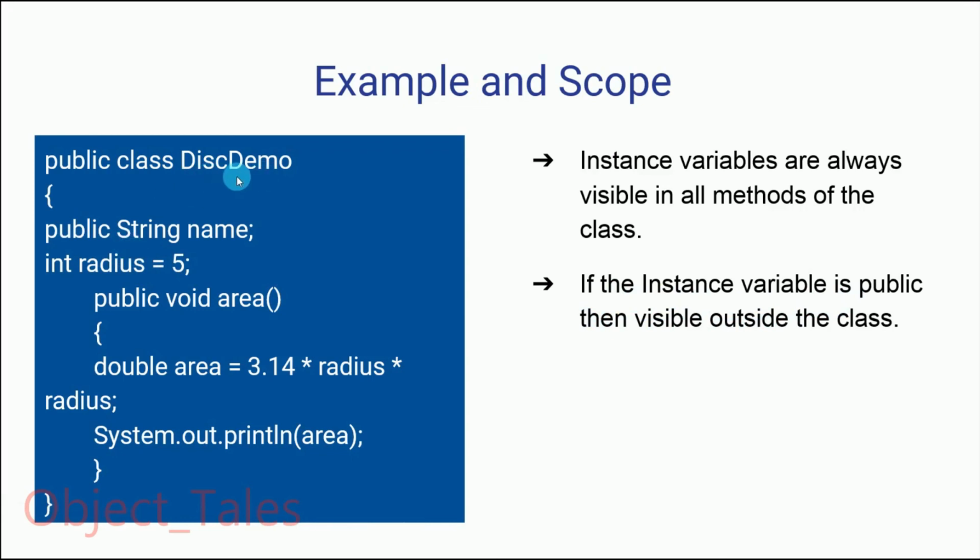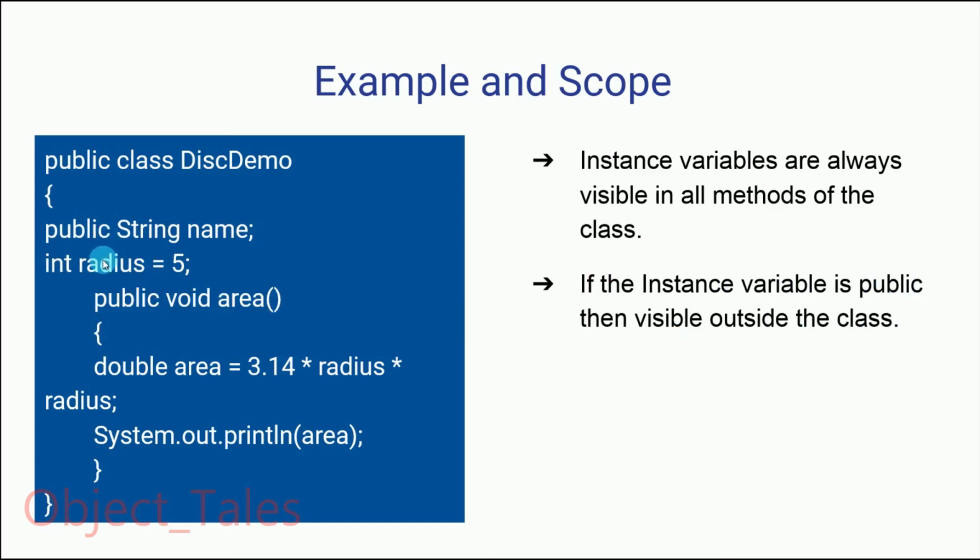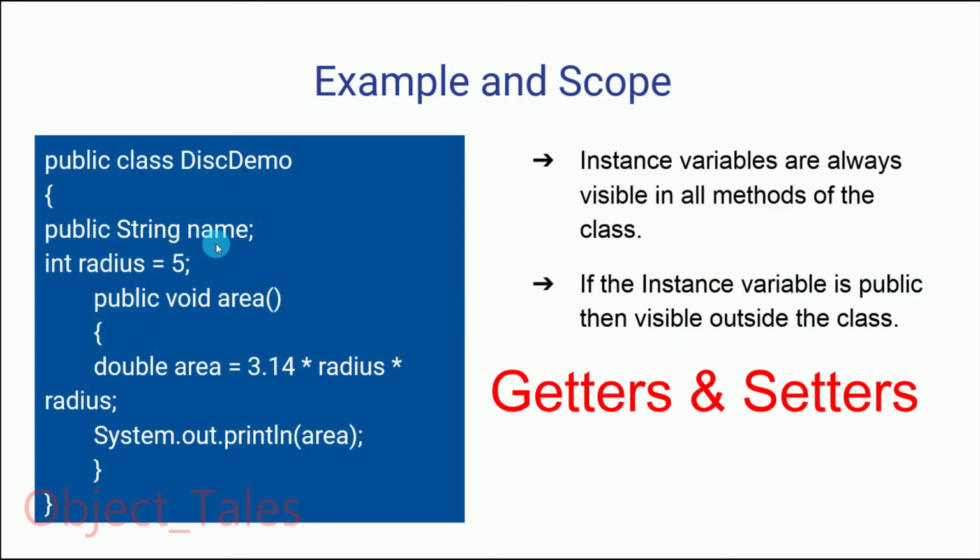Now you might have a question: what if it is private, or protected? To make this variable accessible to another class, you have to use a getter and setter method.